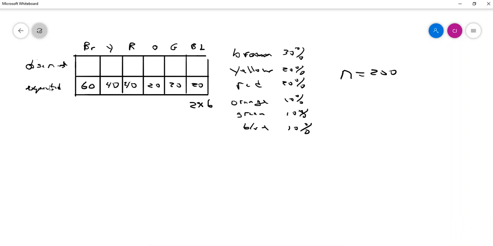All right. Now then, once you get that set up, again, we want to collect some data. So let's say I got this, and I break it open and I actually count how many brown, yellow, red, orange, green, blue in there, right?